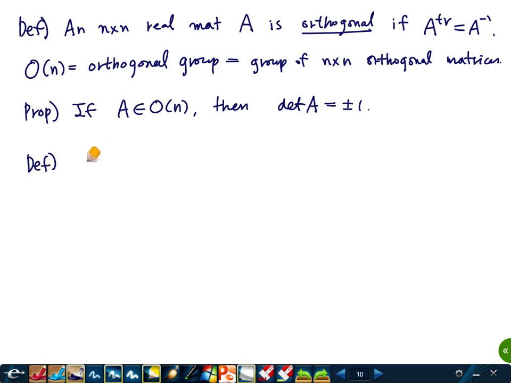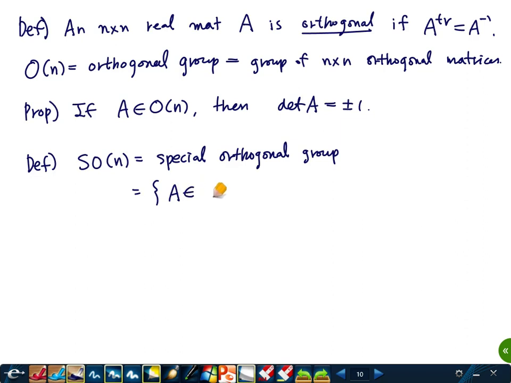Now, SO(n), the special orthogonal group. Of course, this is the set of orthogonal matrices whose determinant is 1.